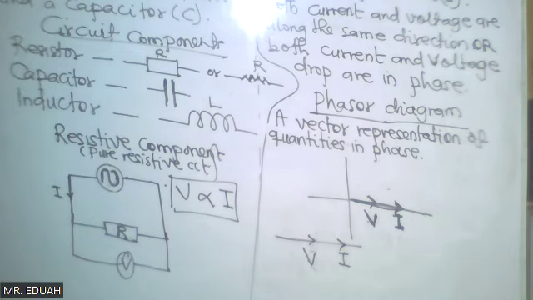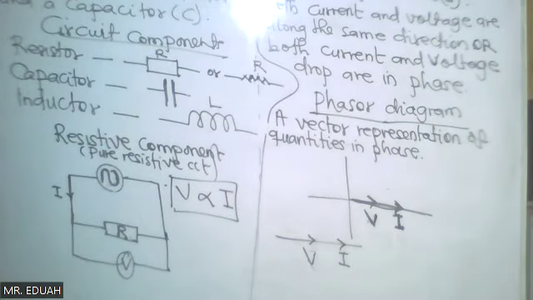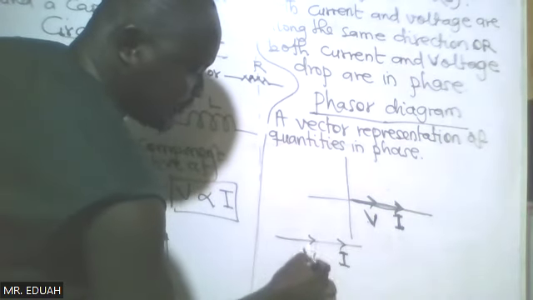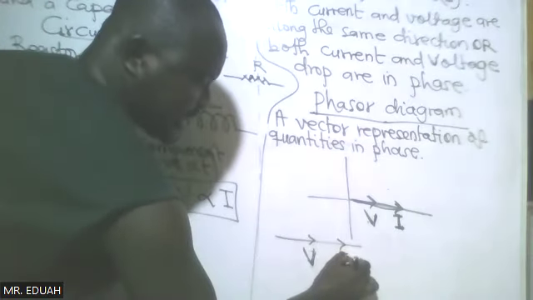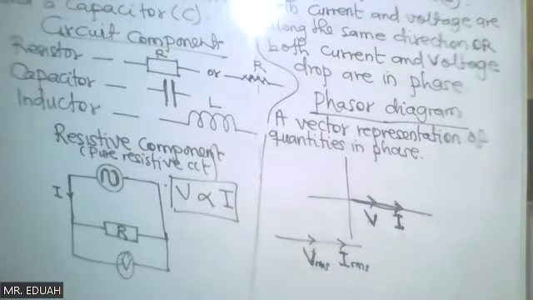All right. So that is it for the purely resistive circuit. And don't forget that this I and V are RMS values, the effective values of current and voltage.